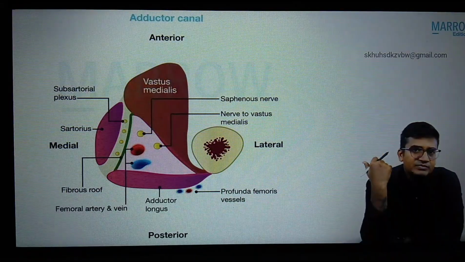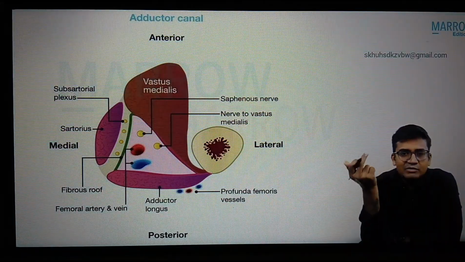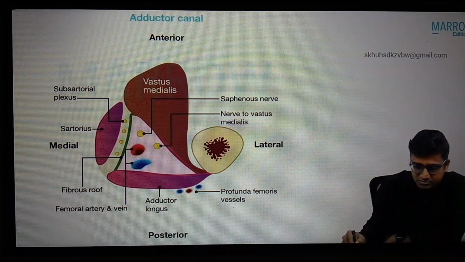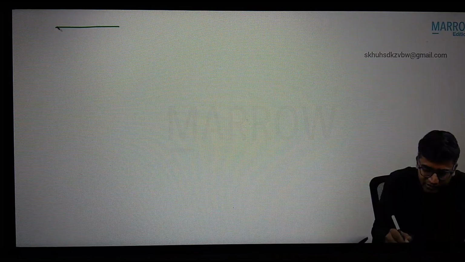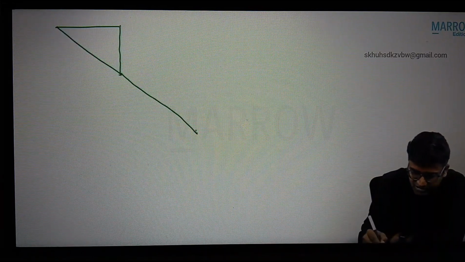Now next we're going to see the 2 anatomical landmarks. One is the adductor canal and another landmark behind the knee joint, that is the popliteal fossa. Now we're going to draw one simple line diagram. Now this is our femoral triangle, and below that the adductor canal will start.